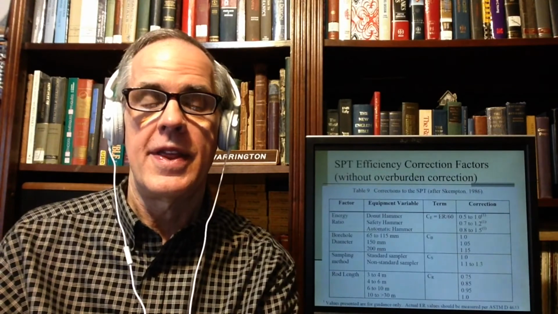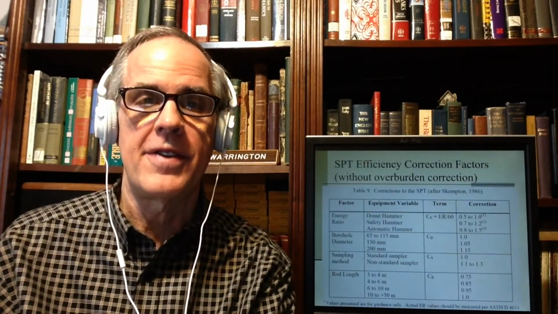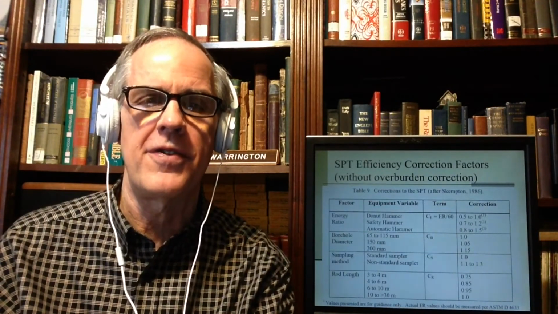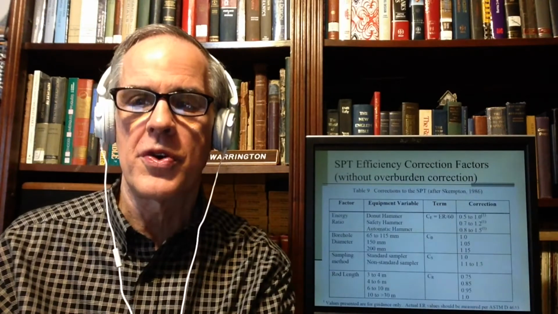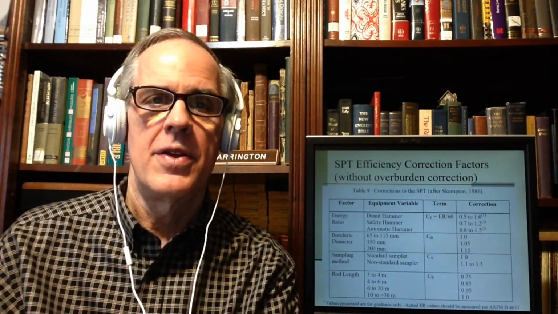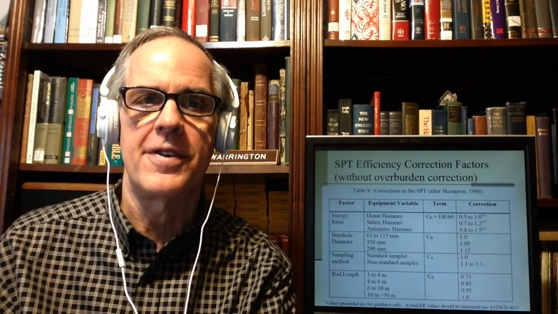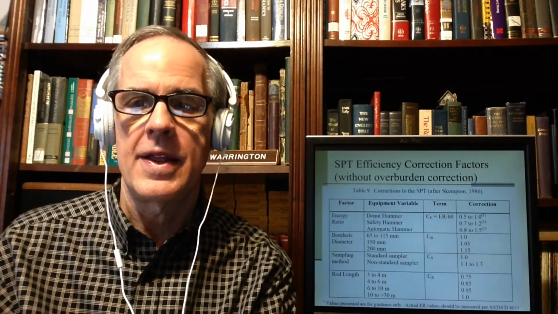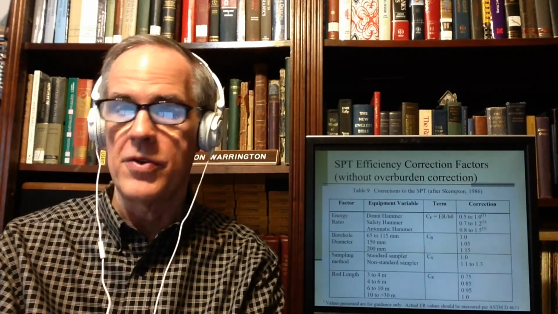So they took it and they made it 60%, and their study said that 60% efficiency is a reasonable value. So what we're going to do, they said, is correct all the SPT values to the 60% efficient value. And that is called the N60 value. And that N60 value is shown right there.